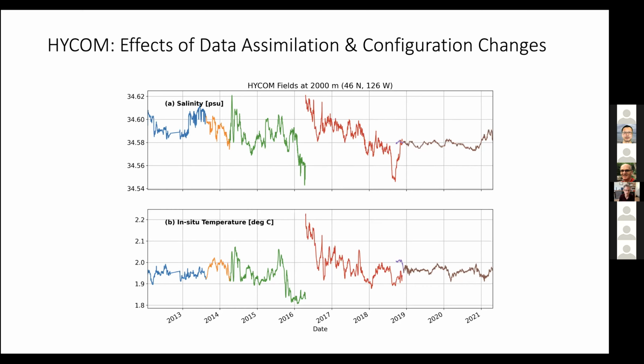And so it does adjust itself, but it also changes from one version to the next. So here are some many-year records of salinity and temperature at 2000 meters from the HYCOM model, and the colors are different versions of the model that just came online at different times. So a lot of weird stuff happening, scary.